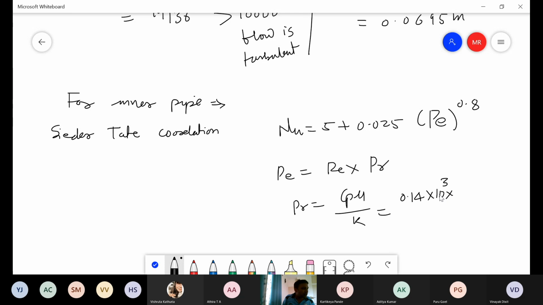Mu is not given, but kinematic viscosity and density are given, so we can multiply that. So 13200 into 8.5 into 10 raised to power minus 8. So that is Cp mu, divided by K. K is given as 11.5. So Prandtl number in this case, okay, just wait.